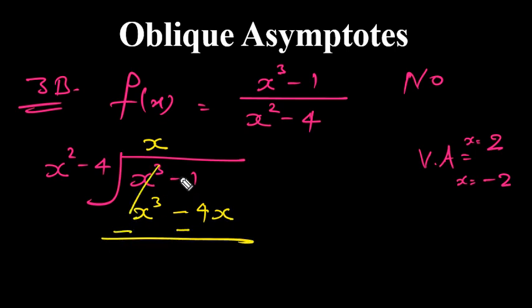This is cancelled. Negative 1 plus 4x. Is this only 1? Yes, it is only 1. So that will give you negative 1 plus 4x, right? This is what we are getting.